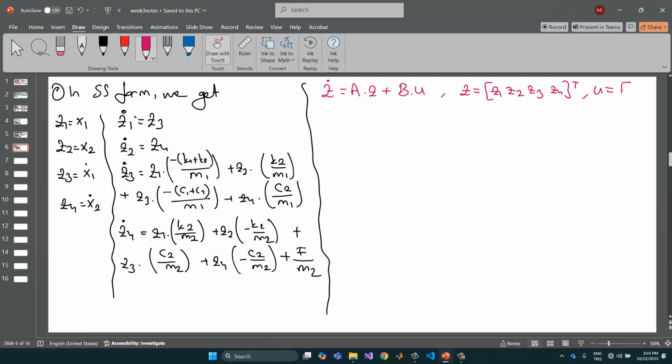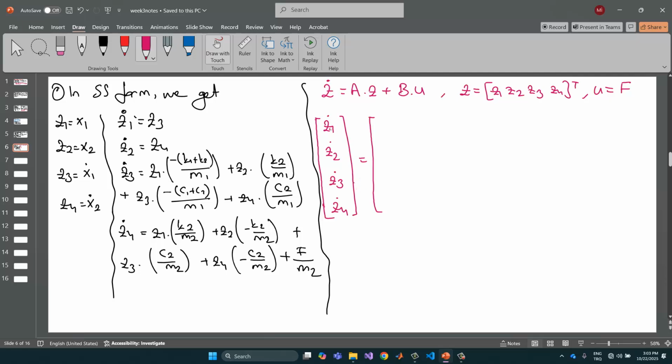Yes, that's all, F. Okay, nothing more. And so how can we write A and B in here? Z1 dot, Z2 dot, Z3 dot, and Z4 dot, right? We should write the A matrix, right? And so how can we do that?